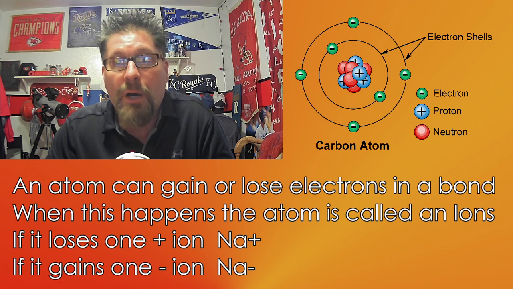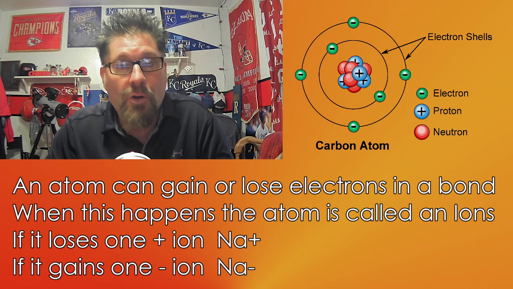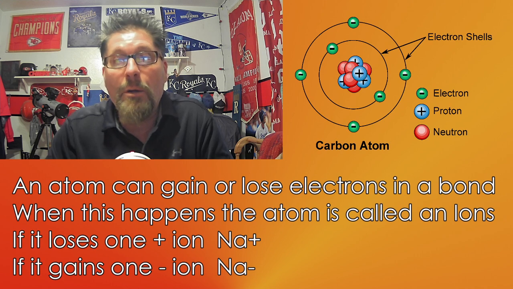If it gains an electron, then now it has more negative electrons than positive protons, and it's called a negative ion, and its symbol, as you can see on the screen, would be Na negative, or if it lost an electron, then Na positive.